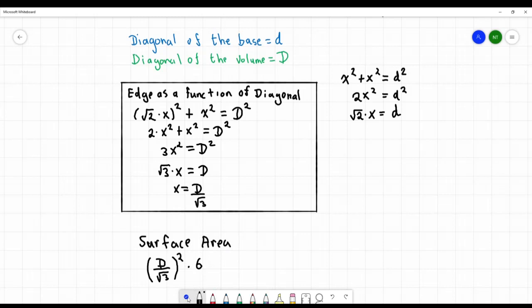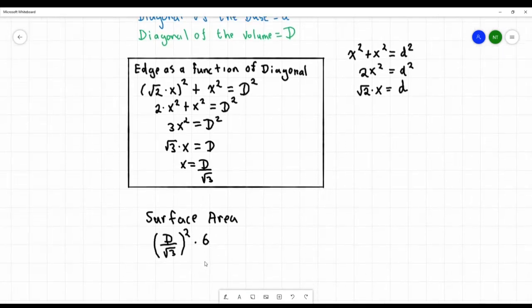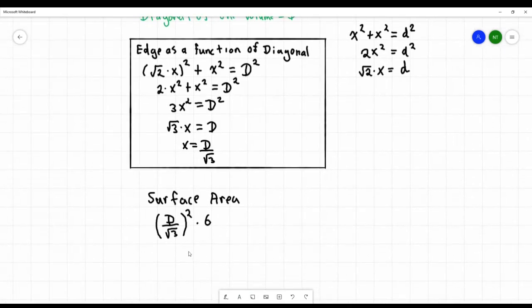So what is this? This is just d squared over 3 times 6, which just ends up being 2d squared.